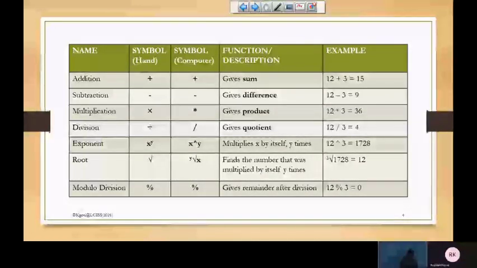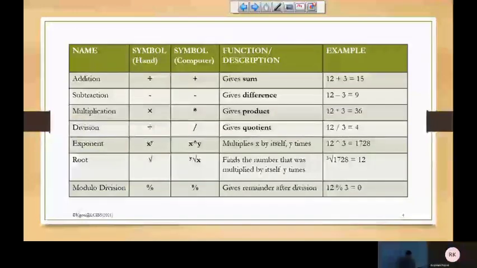Because sometimes it's a longer process to try and get the hand symbols on the computer. For instance, the divide sign. If you try to look for it on the computer, there's a bit of a process that you have to go through. So to avoid that, we just use that slash. And then for multiplication, that's not an X, by the way, as you can see. We use the asterisk there.